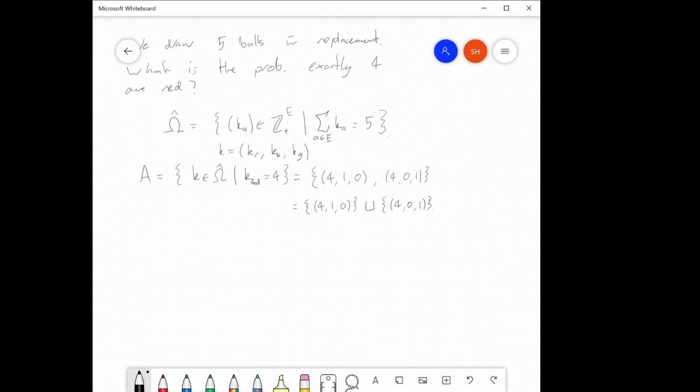Okay, and let's just figure it out. So the probability of getting the set A is just the probability of getting this plus the probability of this.